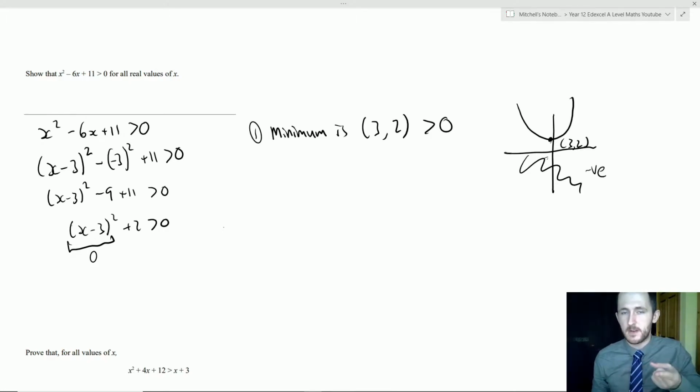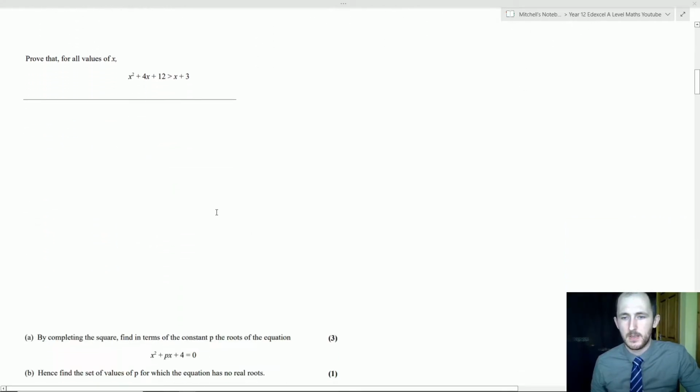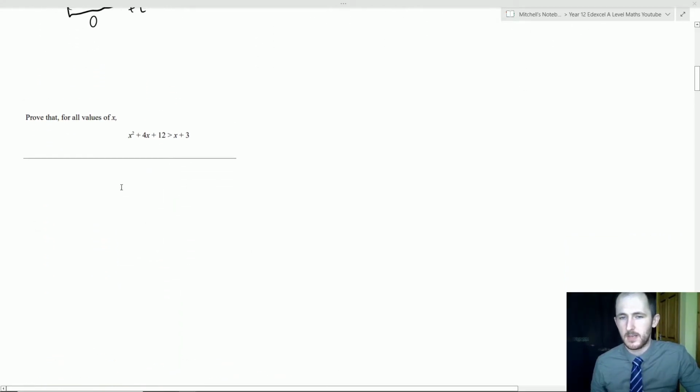If I make it a positive number, it just becomes a bigger positive. So the smallest thing is 0, then I'm adding 2. Of course that's greater than 0. Both of those work. So in that case, the minimum is 3 over 2, which is greater than 0, is the way I'm going to describe it as being greater than 0. Cool.